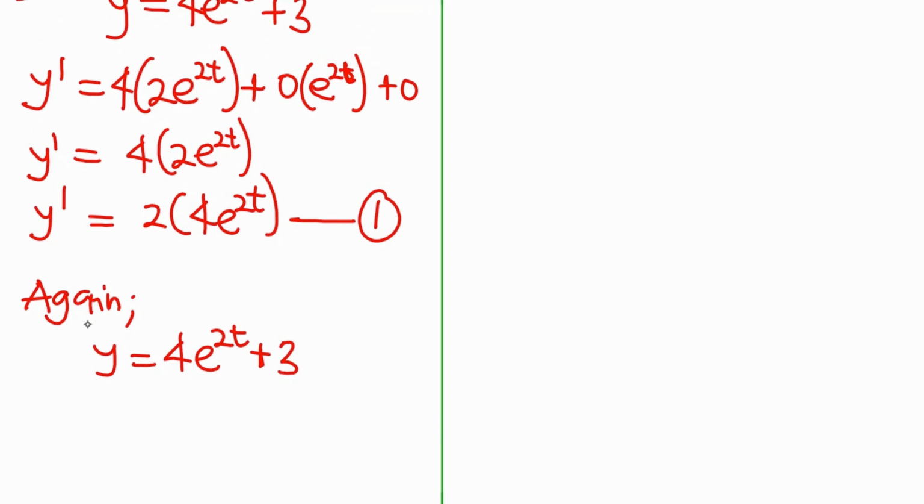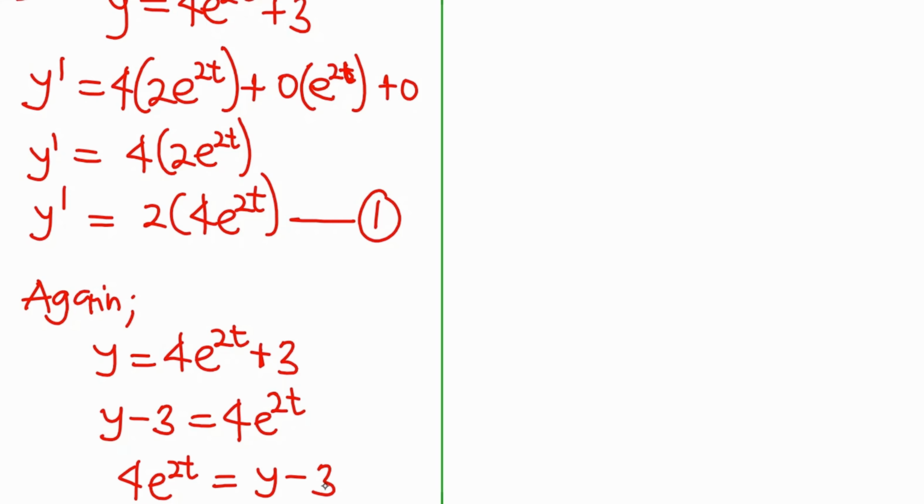So our solution continues to make 4e^(2t) the subject. We can now write it as y minus 3 is equal to 4e^(2t), of which we can also write as 4e^(2t) is equal to y minus 3. Now we can call this equation 2.